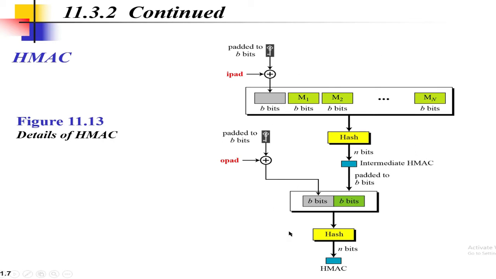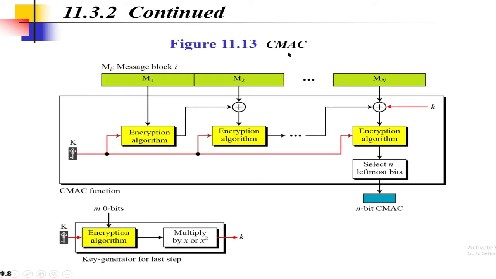The last one is CMAC, or CBC-MAC. This method is similar to cipher block chaining mode, which was already discussed in Unit 1. Here the idea is to create one block of MAC from n blocks of plaintext using a symmetric key cipher n times. As you can see from the diagram, the message M is divided into n blocks and each block is m bits long.